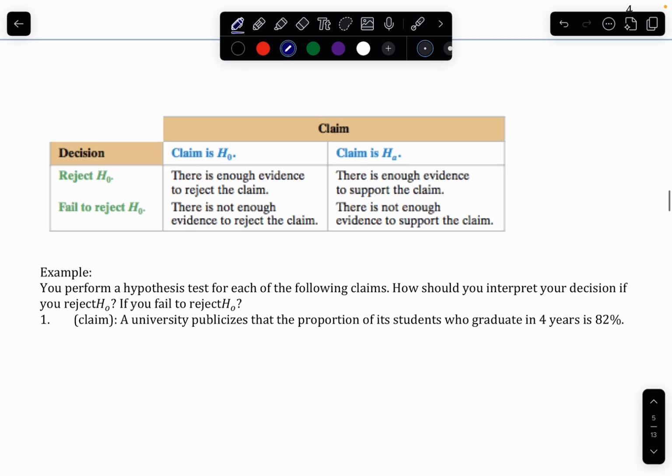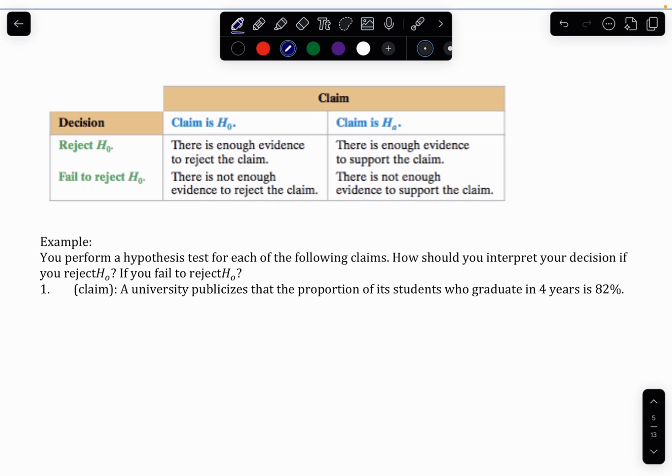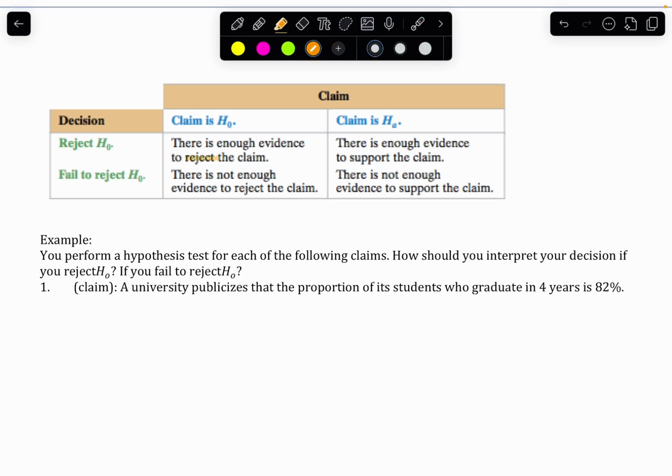So we have a table that helps us with our interpretations when we're looking at hypothesis testing and interpreting our decision. Okay, so this is going to become extremely important to you. This is going to be the basis of your final answer with every problem we do. When we are looking at our claim, anytime that your claim is in the null, we are going to reject the claim.